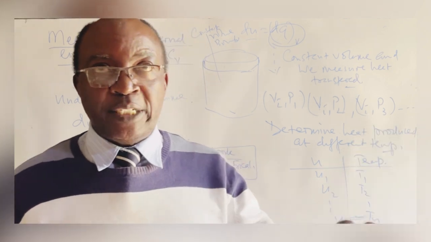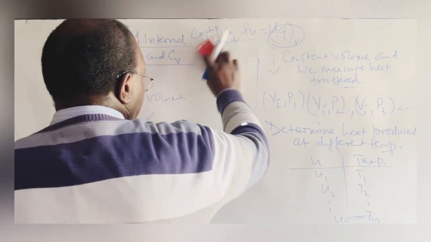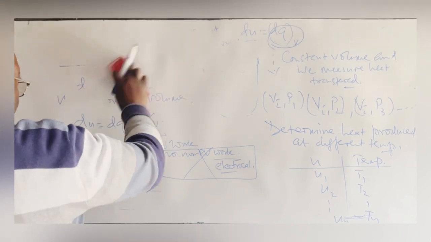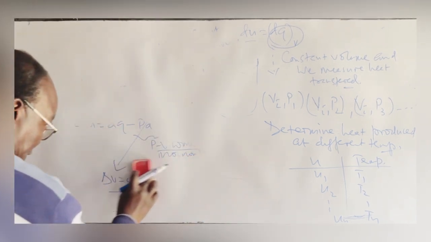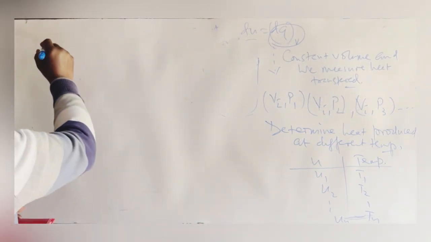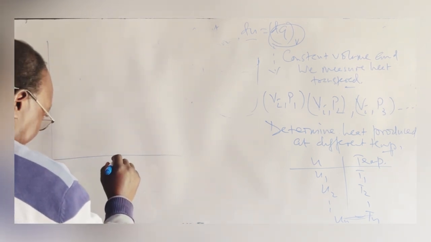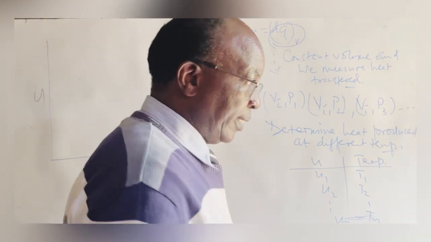So you measure these quantities at different temperatures, and then you plot the graph for U versus temperature.